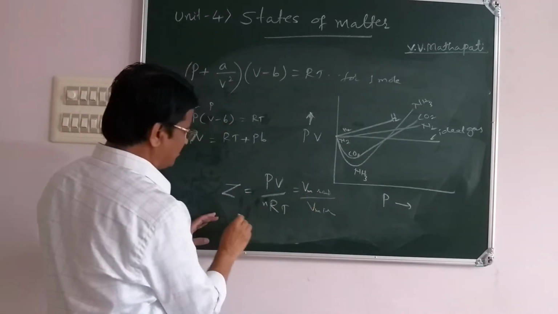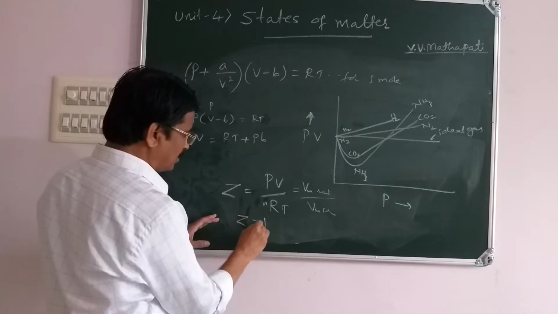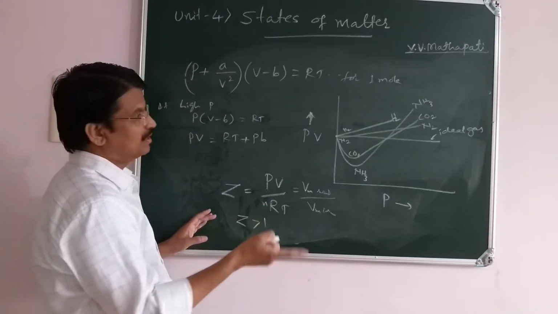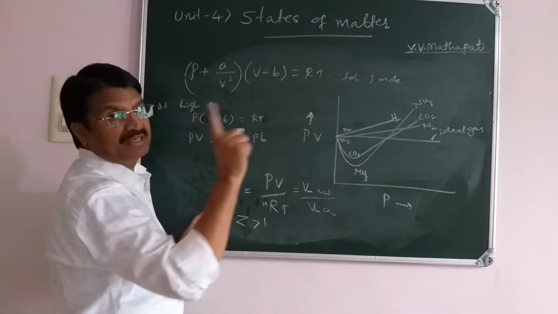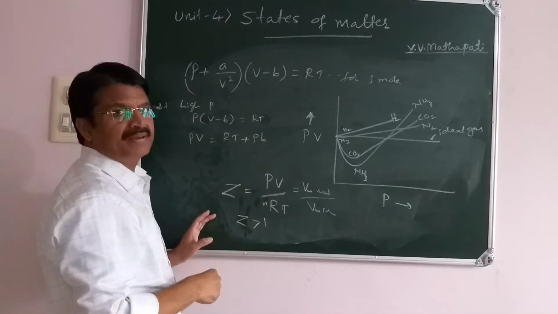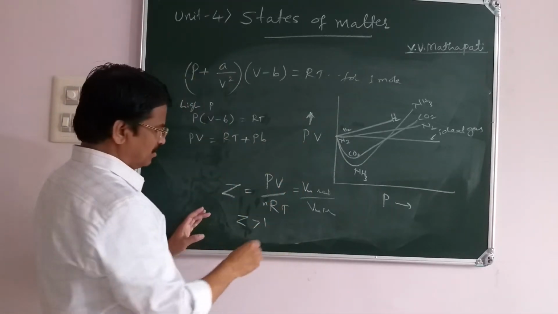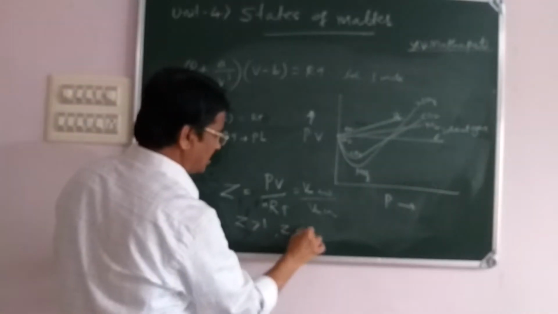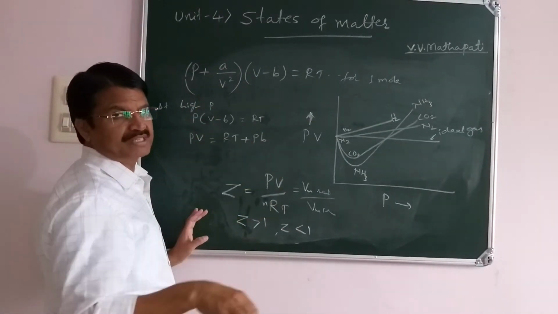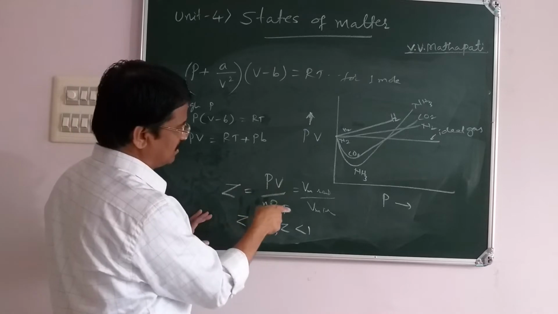If you get Z value more than one, this is the graph, it means the gas cannot be liquefied easily, or cannot be compressed. But if Z value is less than 1, the gas is compressed.